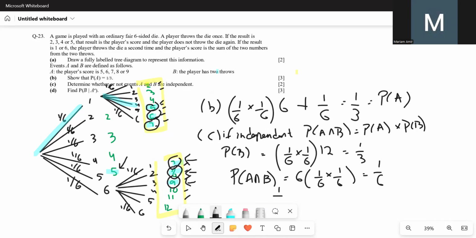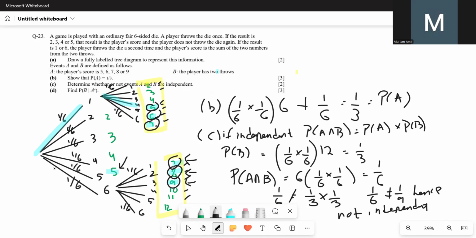So, is 1/6 equal to the probability of A times the probability of B? No, it's not. 1/6 is not equal to 1/9, hence not independent. Okay. Part C is done.